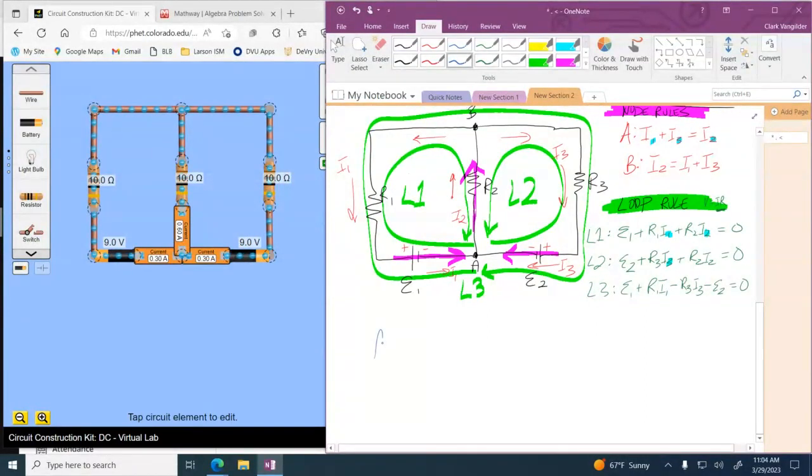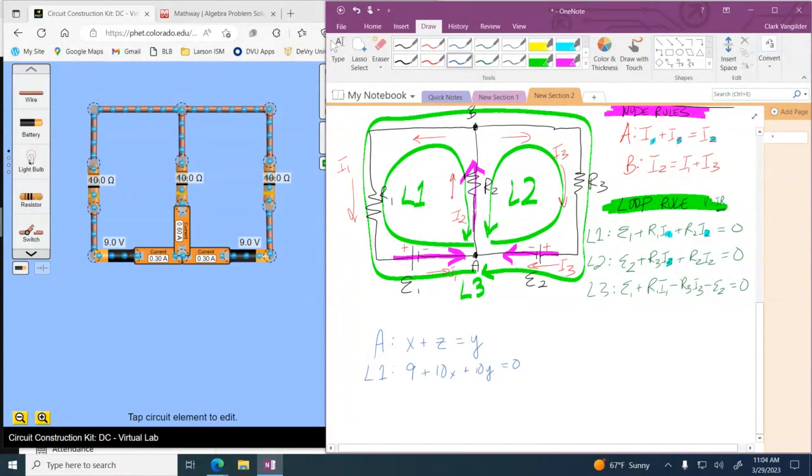My A equation would need to be x plus z equals y. If 1, 2, and 3 are going to be x, y, z, I could do ABCs, whatever 3 letters you want to choose. My loop 1 equation will be 9 plus 10x plus 10y equals 0.